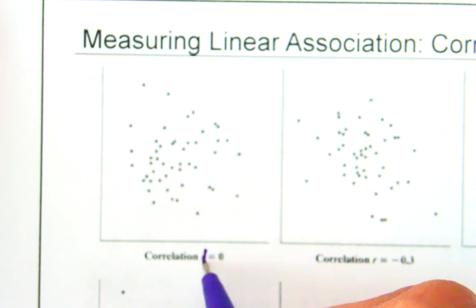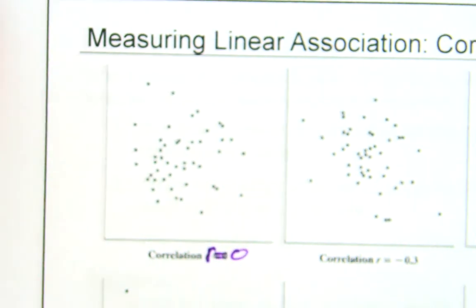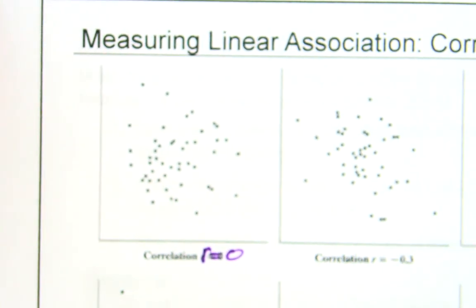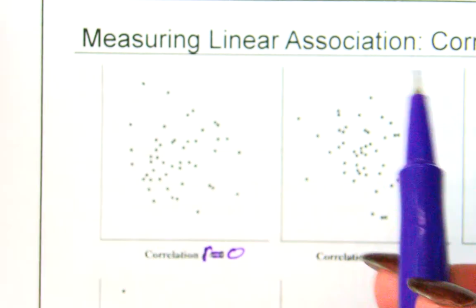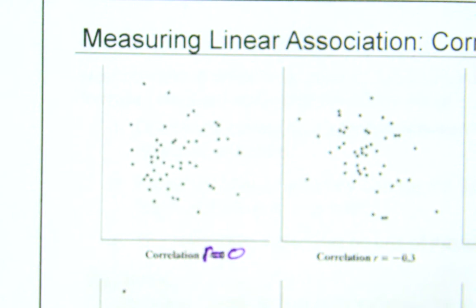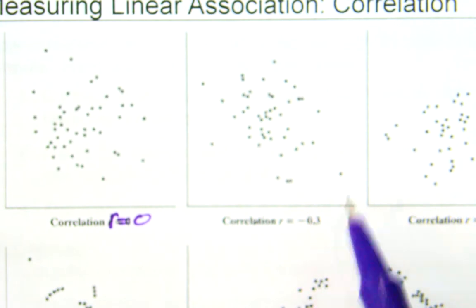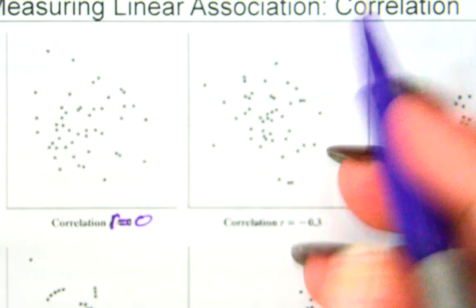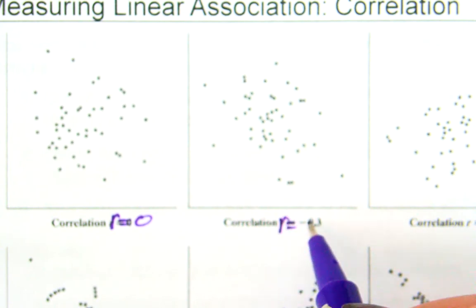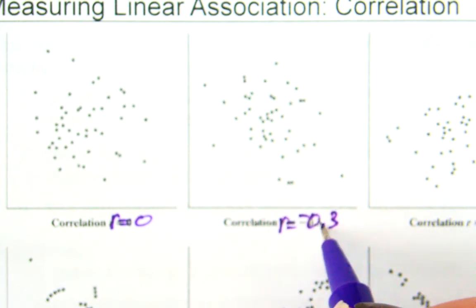Your R value is going to equal 0 because there's absolutely no correlation between your values on the x-axis and your values on the y-axis. Now you have a little bit of an association between some of the values here, and in this case the R value is equal to negative 0.3. It's not very strong.